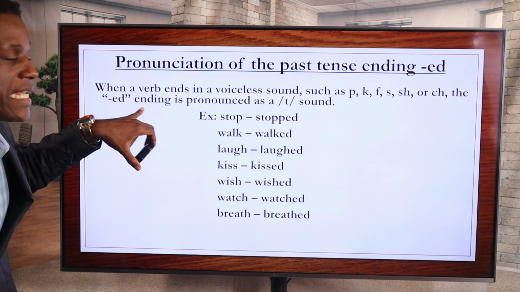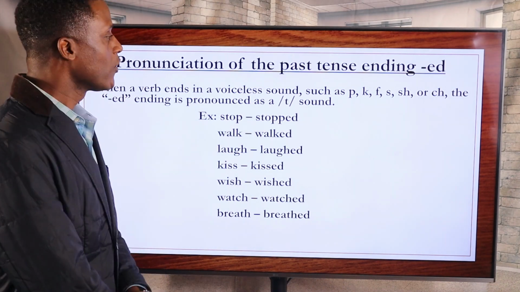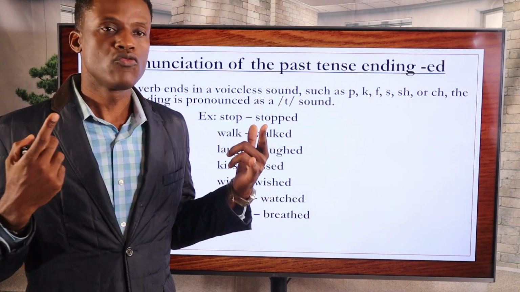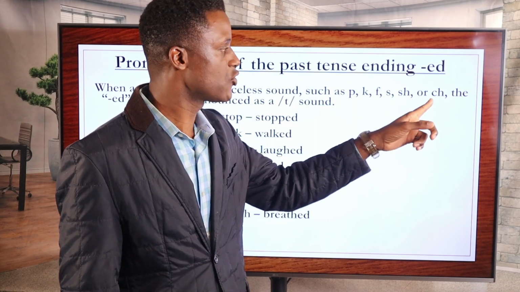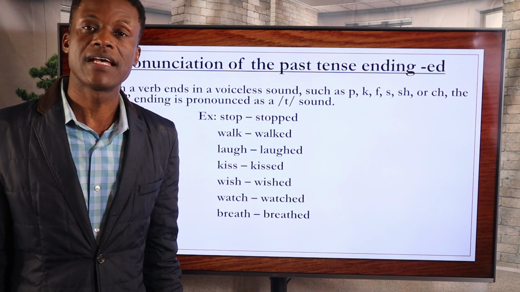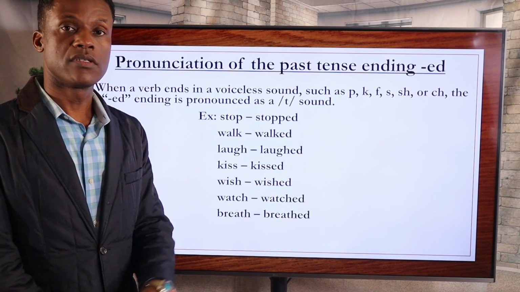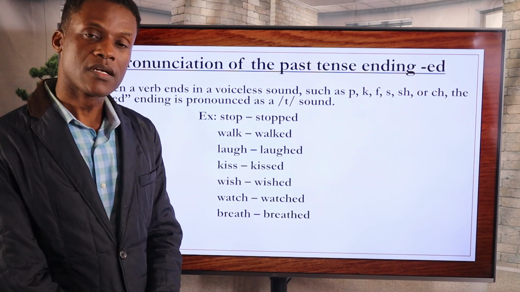The ed ending is pronounced as a T sound. So the first thing I need to remember is whenever I have P, K, F, S, SH, CH, then the ed ending is pronounced as a T sound. That's a T sound, walked.